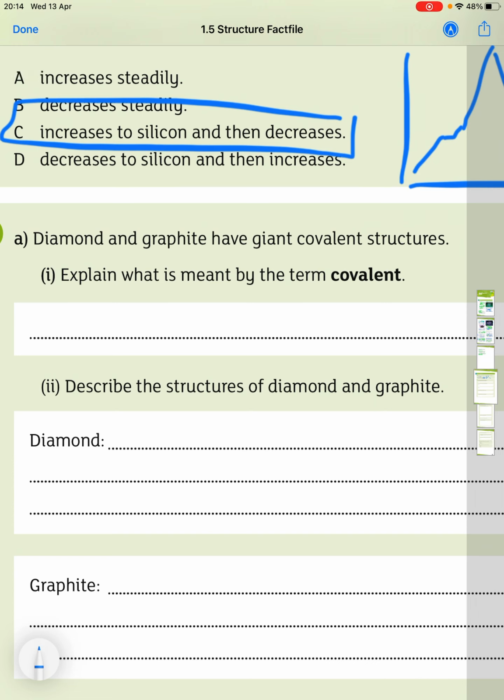What we're looking for is the electrostatic attraction between a shared pair of electrons and the nuclei of bonded atoms.